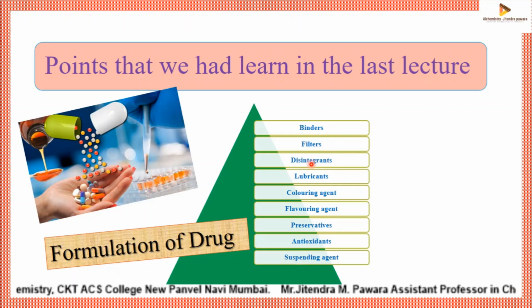Then the next are disintegrants. They are used in a solid dosage form, and help to facilitate the disintegration of drugs in the gastrointestinal tract. Examples of disintegrants are starch, clay, cellulose, gums, and cross-linked polymers.